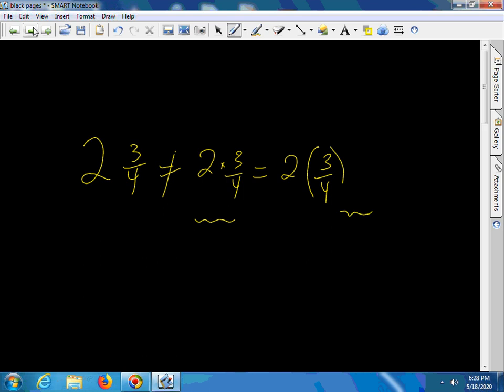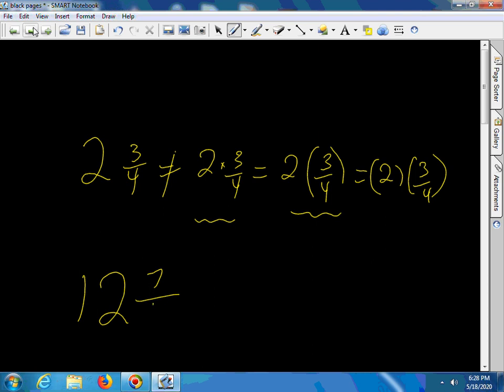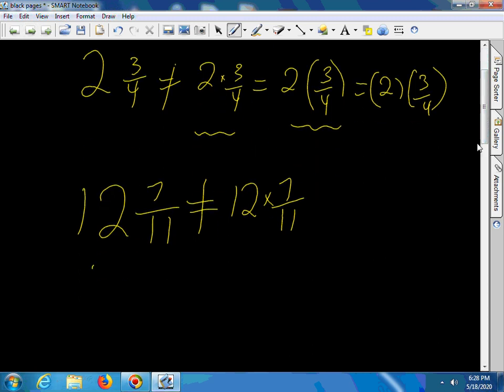Or if you prefer, you could even put the 2 in brackets. But 12 and 7/11 is not 12 times 7/11. What it is, is 12 plus 7/11. Don't get the two confused.